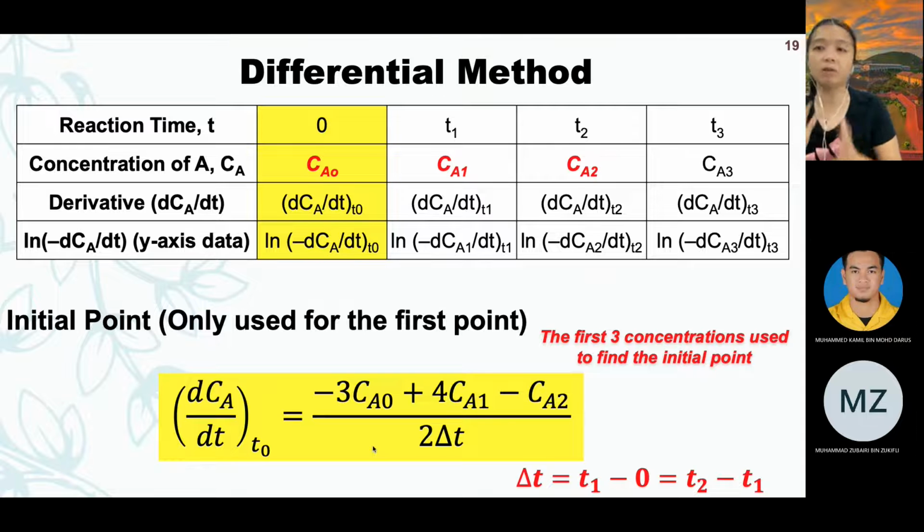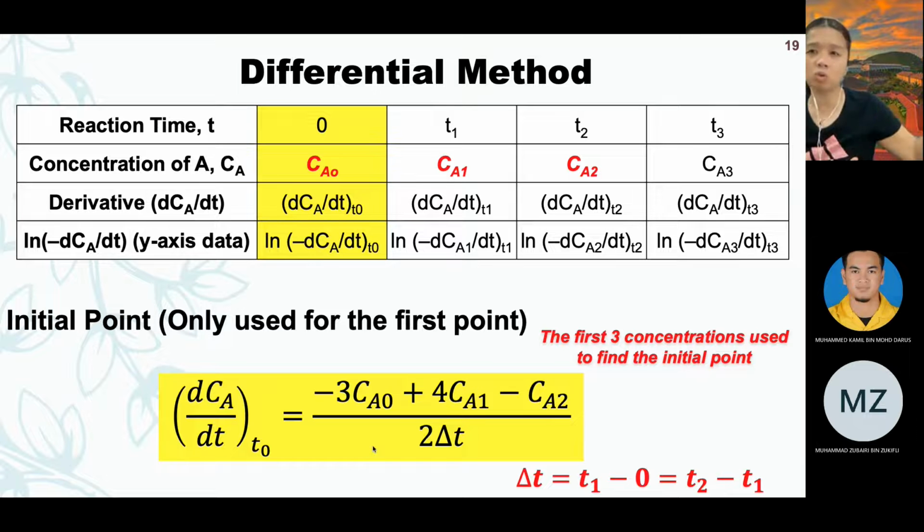So that depends. That's why it is important for this method that readings be taken at consistent times. Either every 10 minutes, every 20 minutes, every 5 minutes, regardless. The time gap again depends on how fast the reaction is. If the reaction is very fast, you must take readings at a short interval, say every 1 minute.